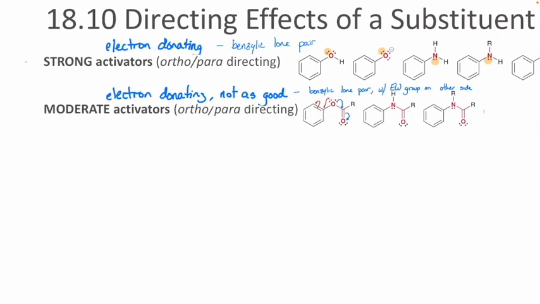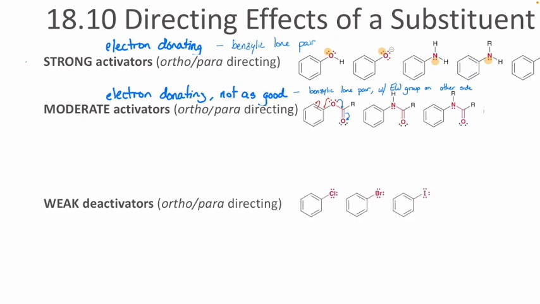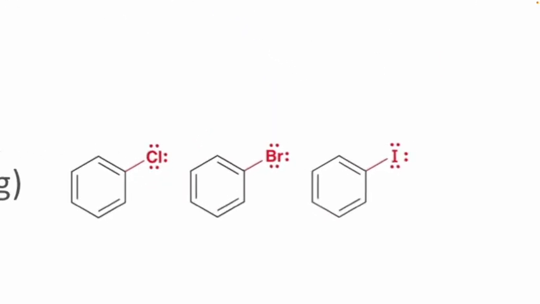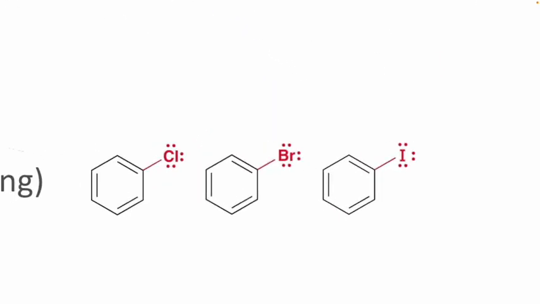All right, I'm going to skip over one category real quick and come down here. These are now weak deactivators. Okay, and this category is a little bit weird because this particular category is still an ortho-para-directing group. All right, so what do all these have in common? They're all halogens, right?